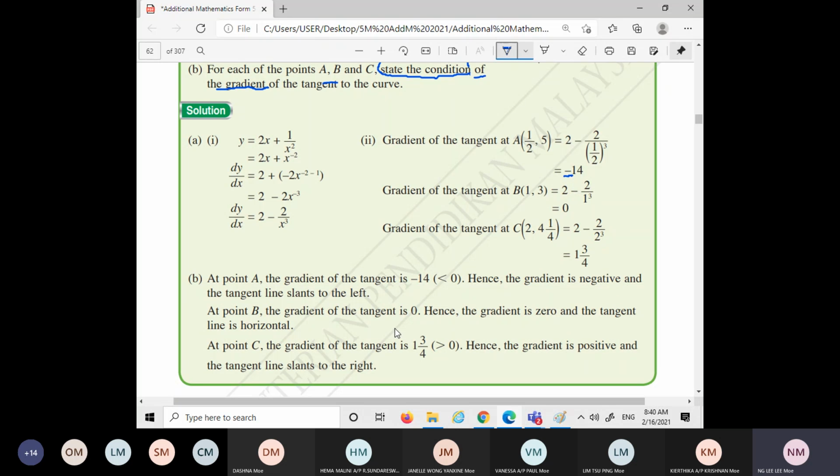For point C, the gradient is positive. For point B, the gradient is 0. If the gradient is negative, the tangent line slants to the left. If its gradient is 0, the tangent line is horizontal. If the gradient is positive, the tangent line slants to the right. This is how you state the conditions.